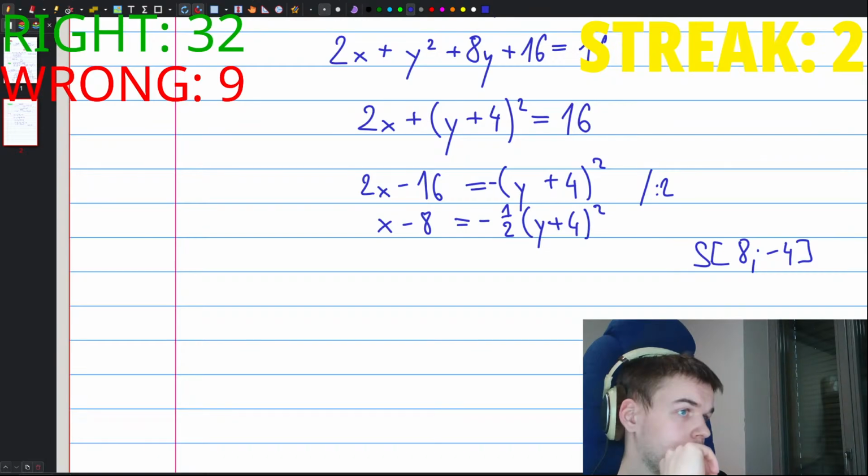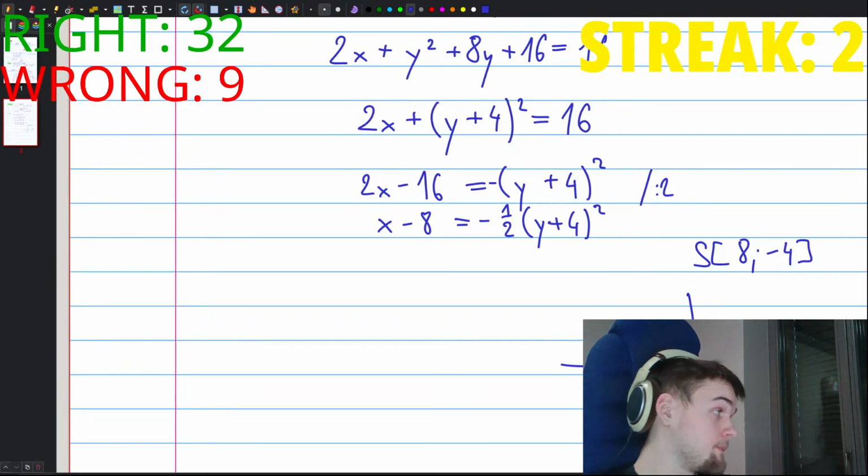And it would look something like 8. It's a negative, so I think it will look something like this, which we can verify actually.